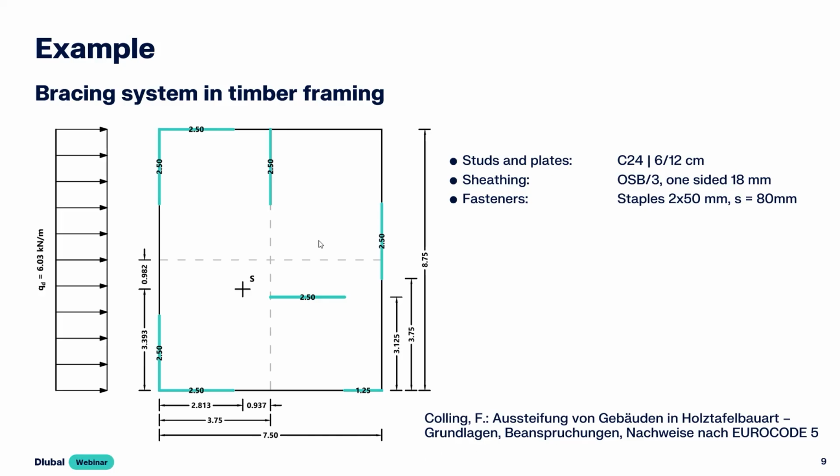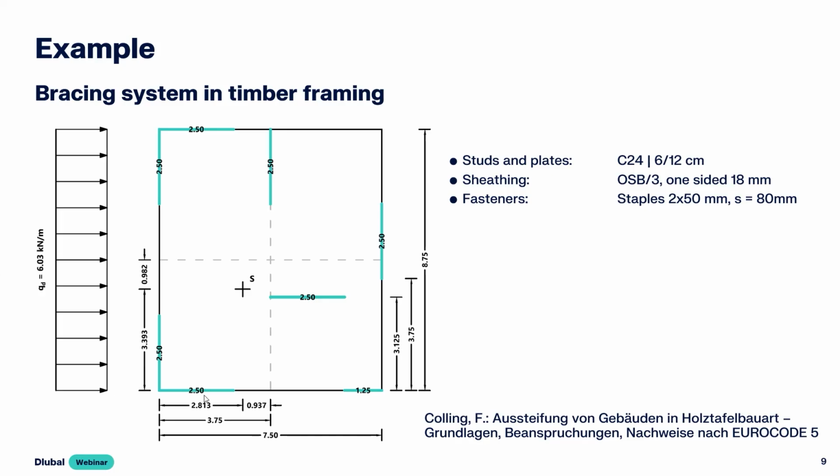But this example can be found in this book. And here Mr. Colling is calculating the forces on the walls and also doing the design check. And today we will compare his results from the classical calculation with our FEA calculation.